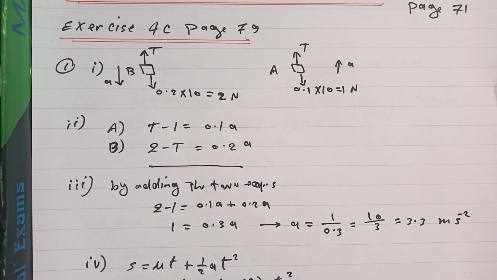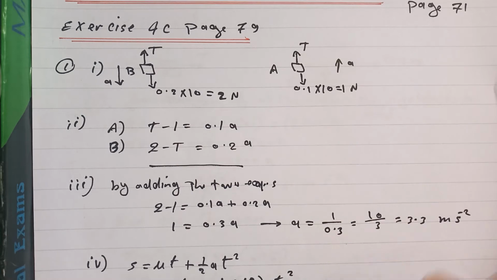Initially B is held at rest 2 meters above the ground and A rests on the ground with a string. Then B is let go. Draw a diagram for each mass showing the forces acting on it and the direction of the acceleration.